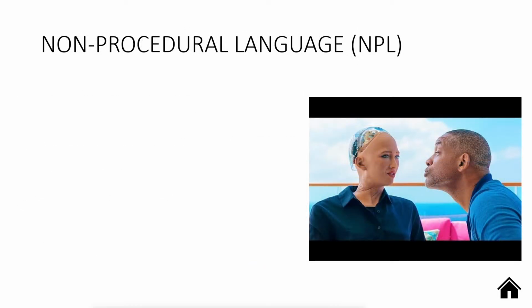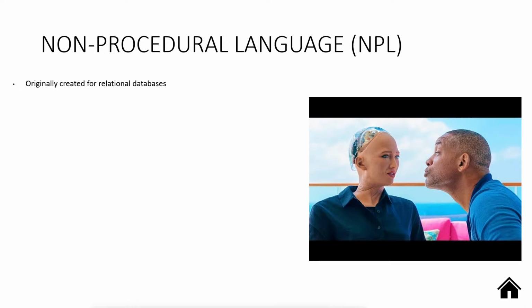Now, the last thing I will touch on, but this is really pushing into A2 now, is something called non-procedural languages. The reason I'm talking about this is because it's very relevant in today's world. Non-procedural languages are originally from relational databases. Relational databases communicate using something called structured query language.